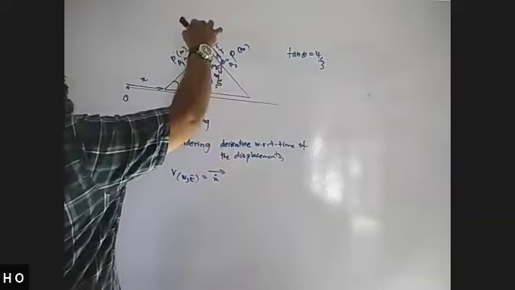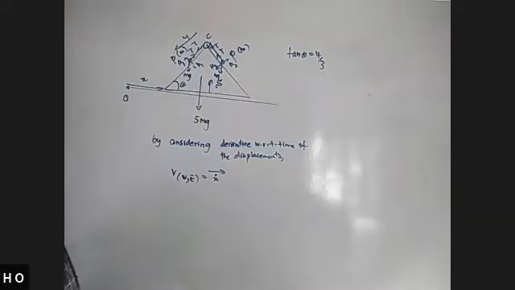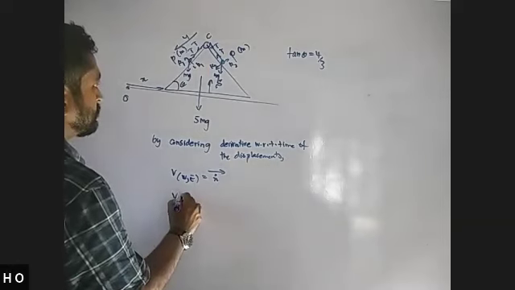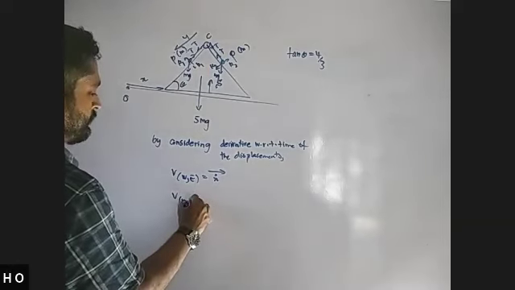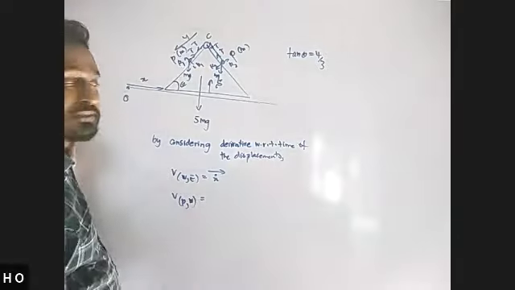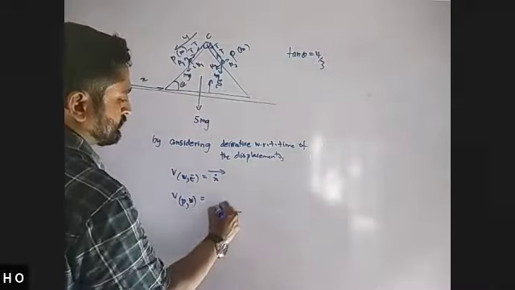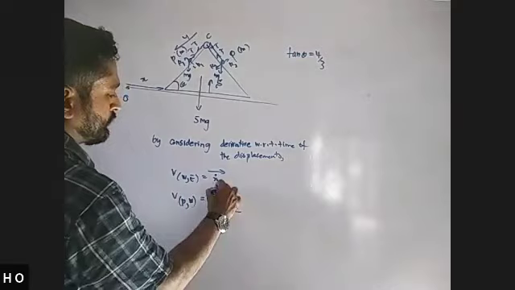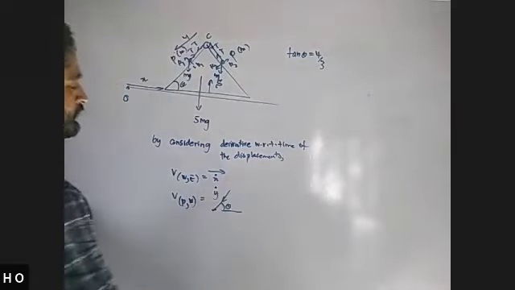Then the velocity of P with respect to the wedge is y dot.